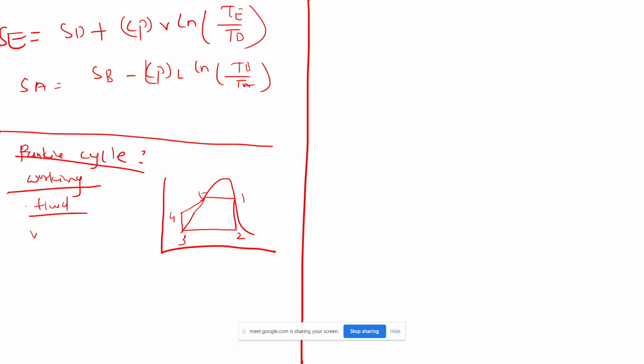Here working fluid is vapor, or you can say that water is the working fluid which will be converted into vapor.